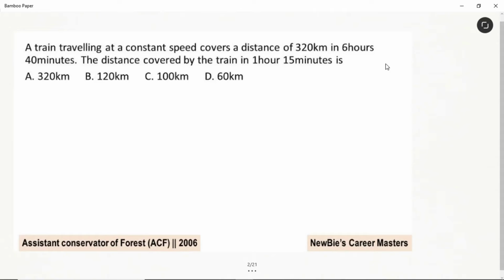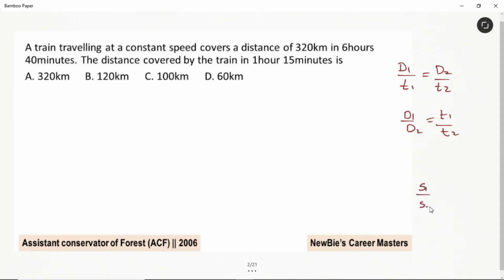Okay. If directly proportional comes, then you have to take it like this: D1 divided by T1 is equal to D2 divided by T2. Or else D1 by D2 is equal to T1 by T2. If it is inversely proportional, like speed and time, these are inversely proportional, correct?